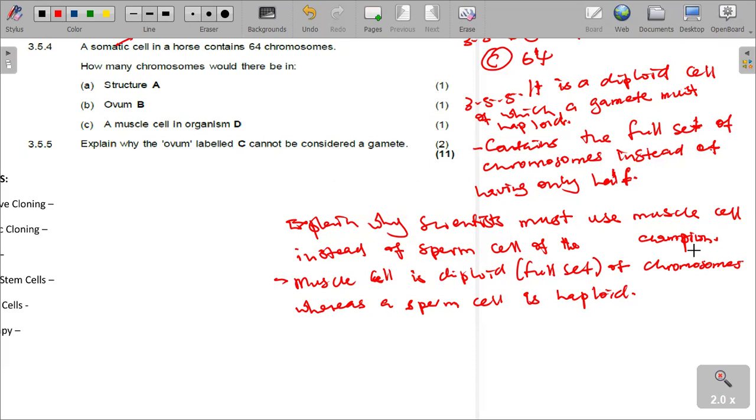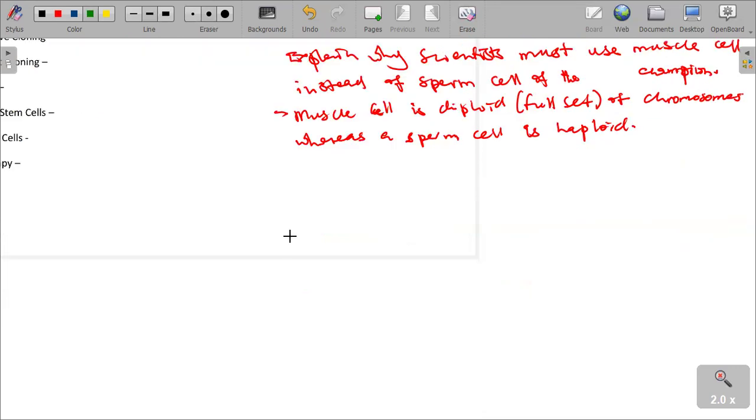The other question is the advantages of cloning. What are the advantages of cloning? It must also be taken into account. Why is it important to do cloning? The advantages of cloning, what are these? One, to produce organisms with desired traits or desired characteristics.